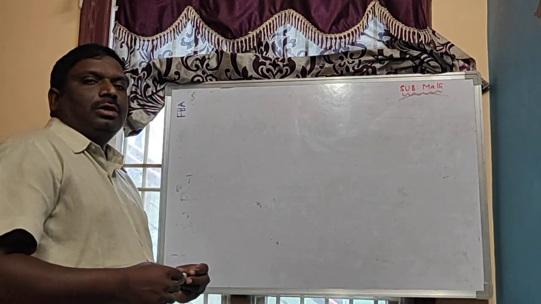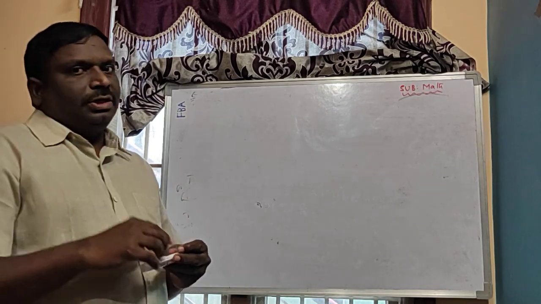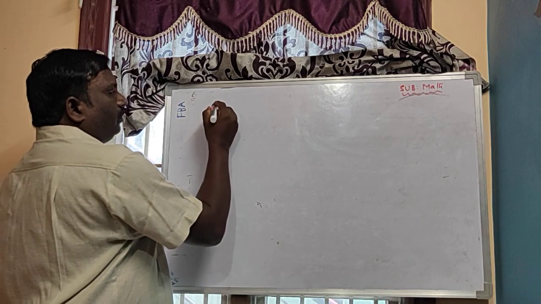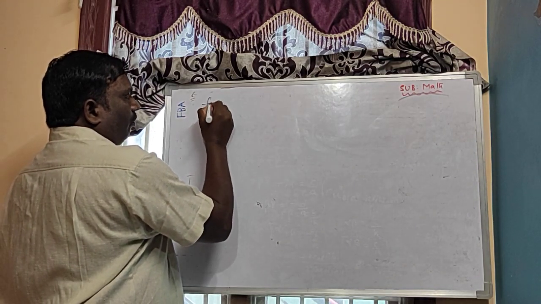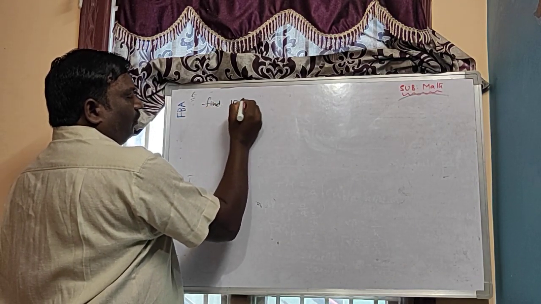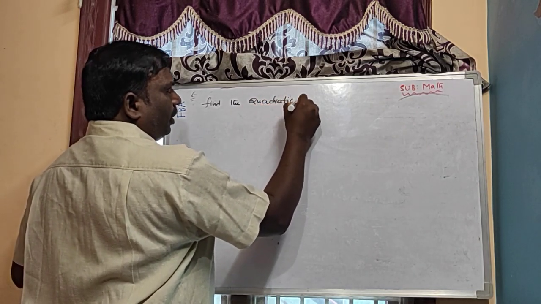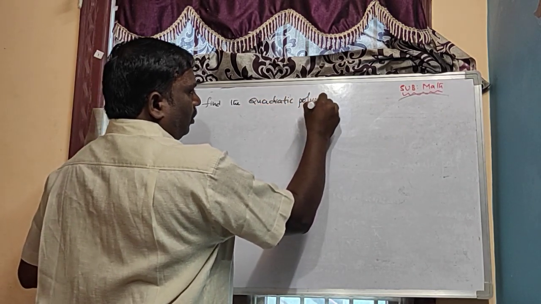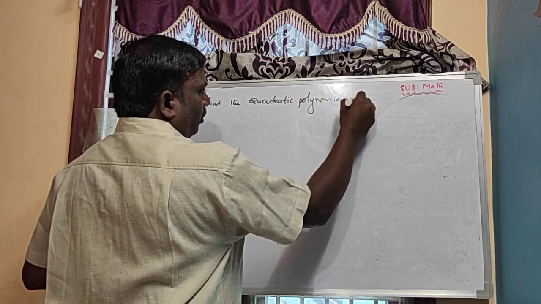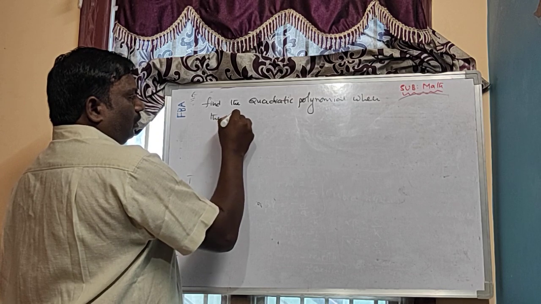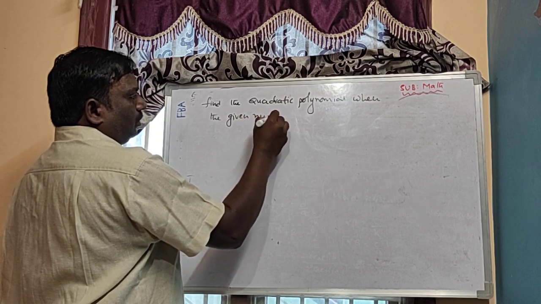Now here two methods are there. In the first method, see the question: find the quadratic polynomial when the given numbers are the sum of zeros and the product of zeros respectively.